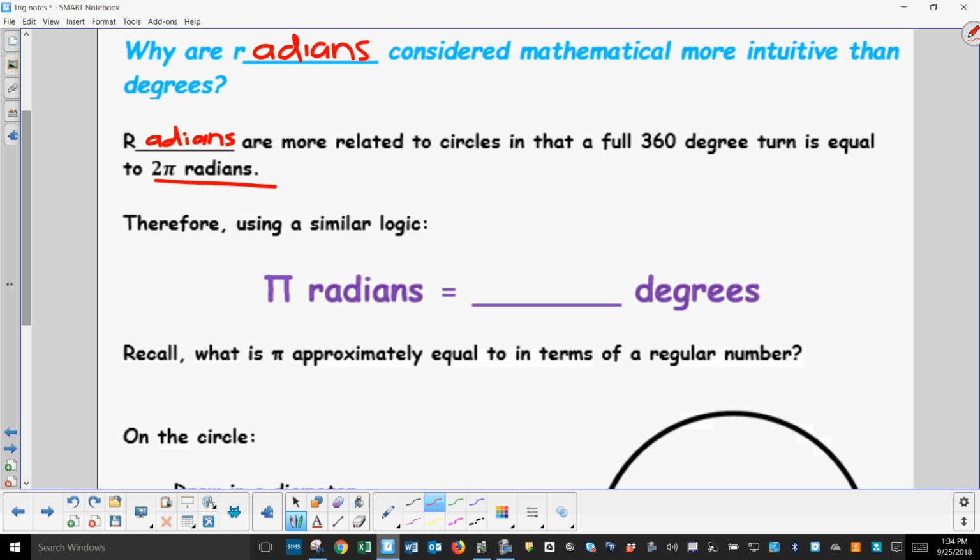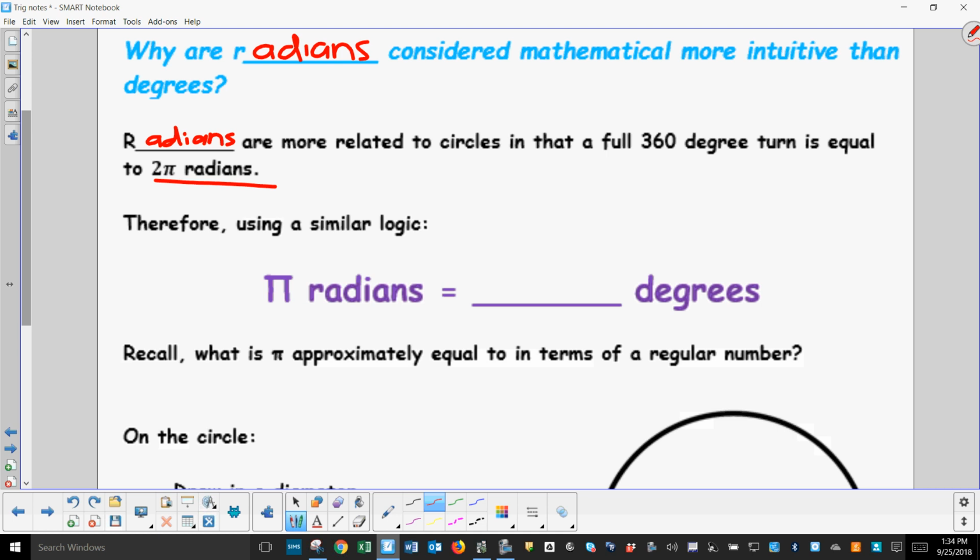How much is pi approximately as a number? 3.14, yeah. So 2 pi radians, a full turn, is roughly twice pi, approximately 6.28.